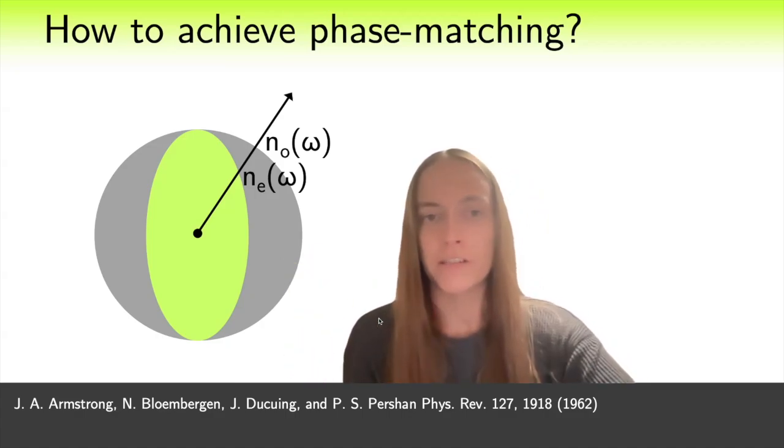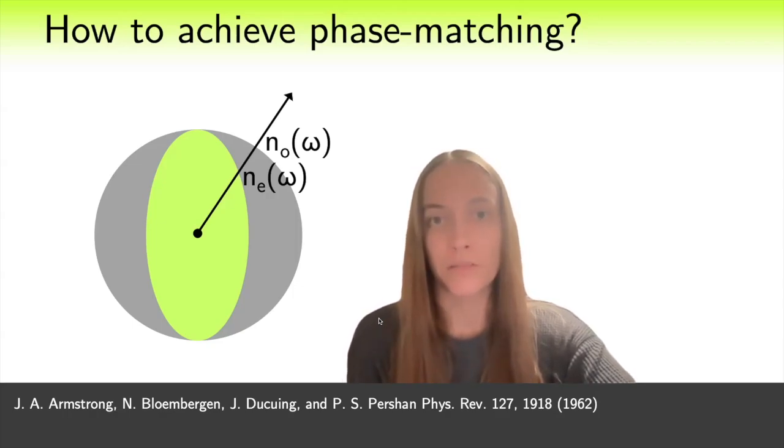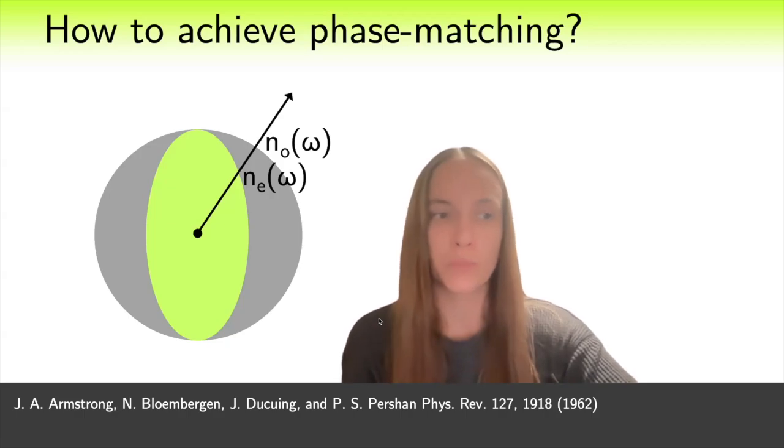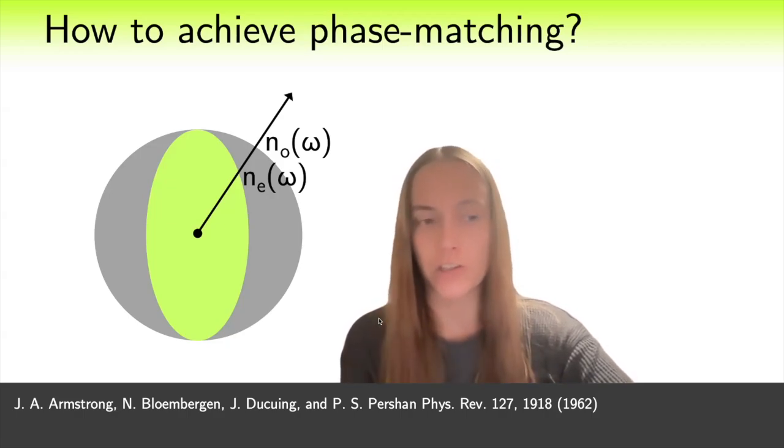Its value is simply always equal to the radius of the gray disk. And for the extraordinary wave, the refractive index will depend on the direction of propagation, but its value can be found graphically as the distance from the center of the green ellipse to the point where the line corresponding to the propagation direction intersects the ellipse.